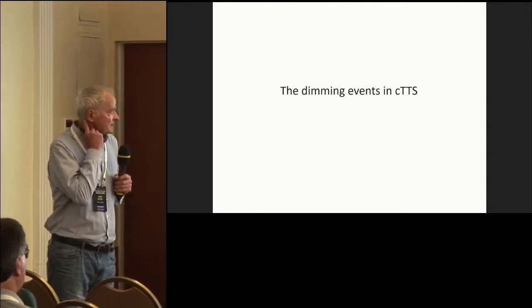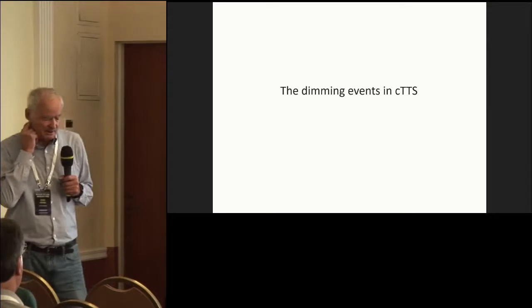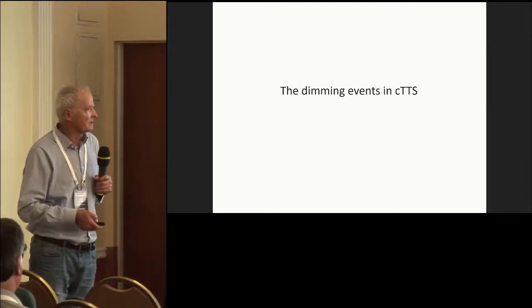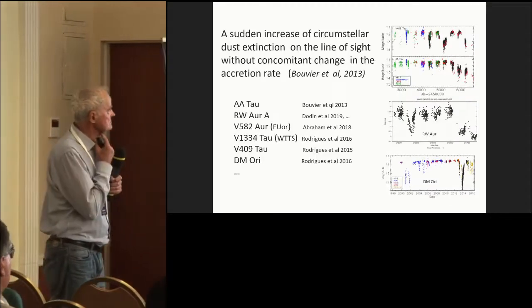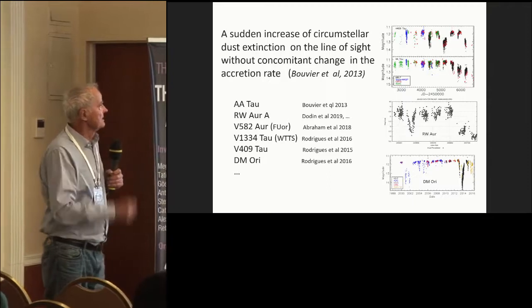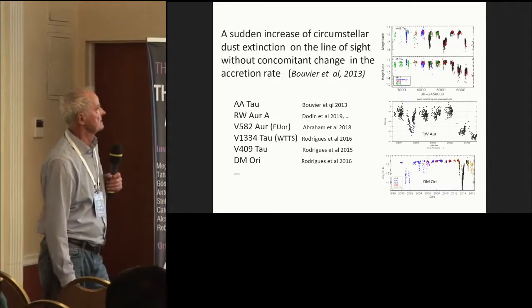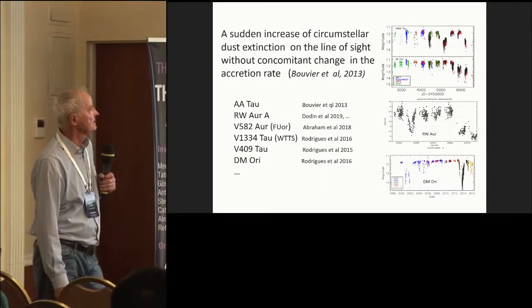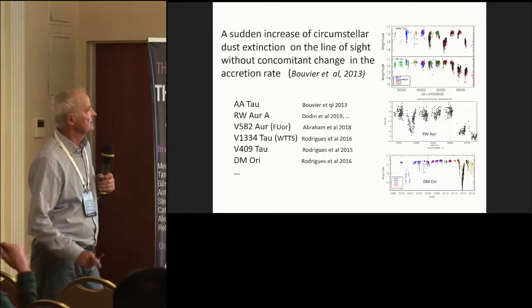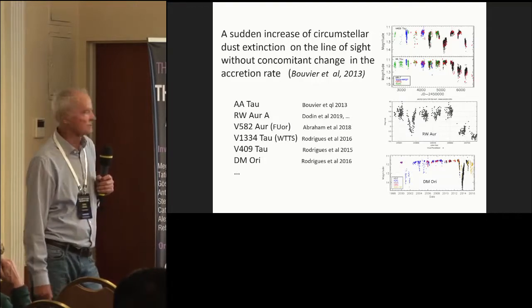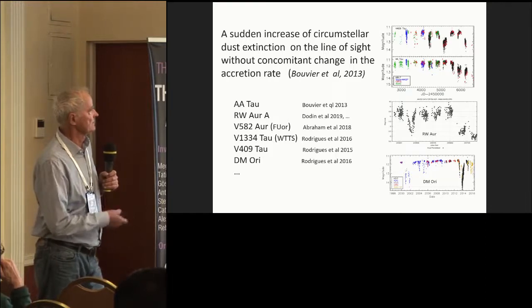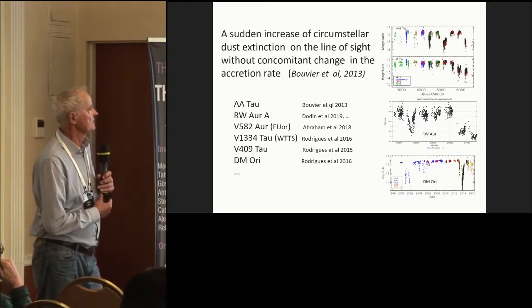The dimming events in T Tauri stars are another type of variability caused by the dust. It may be characterized as a sudden increase of circumstellar dust extinction on the line of sight without concomitant change in the accretion rate. That's the formulation by Bouvier.